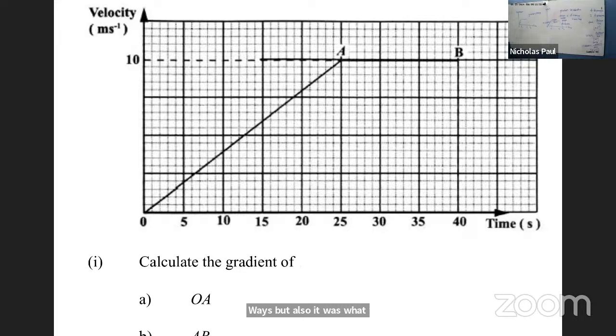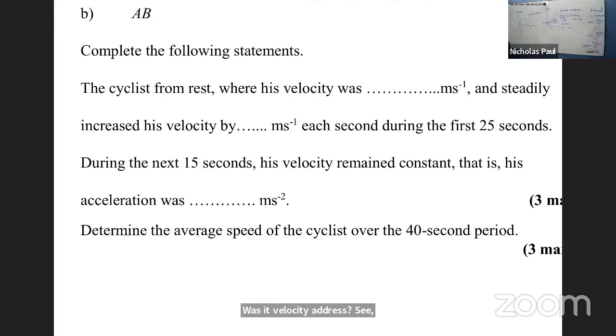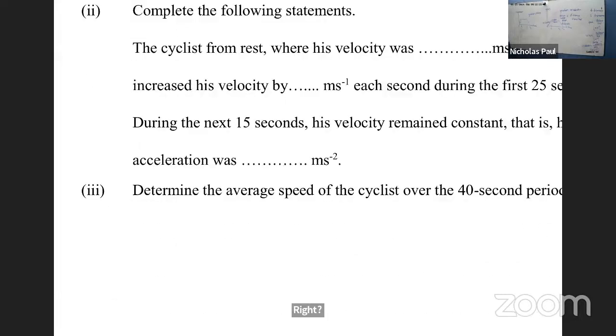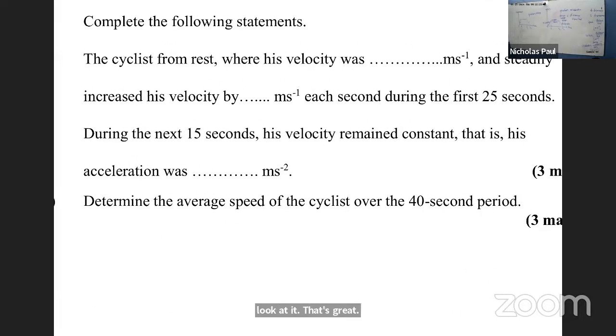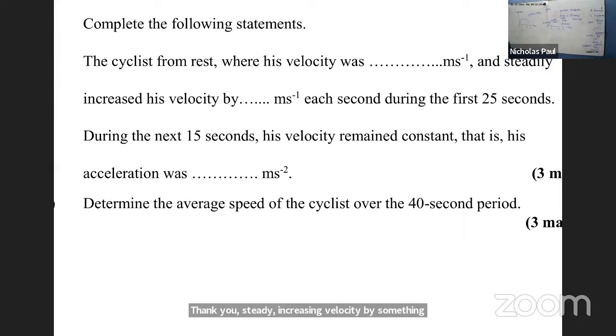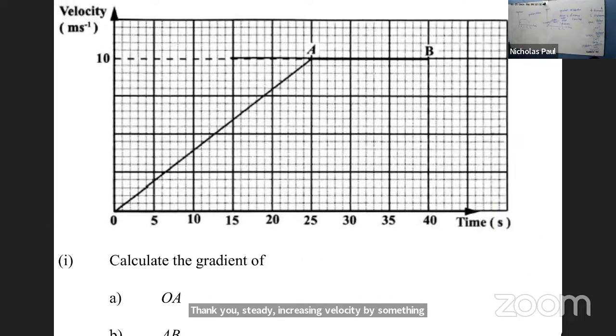What's his velocity at rest? 0, right? So the first part is 0. And steadily increased its velocity by how much for the first 25 seconds? Let's read it again. Steadily increases velocity by something each second during the first 25 seconds. Think about that. A tricky word there. What do you all think?